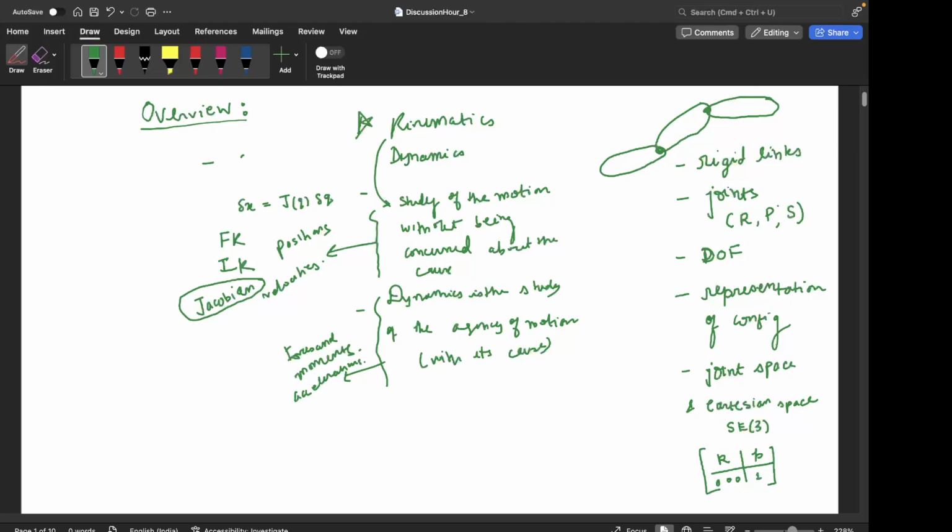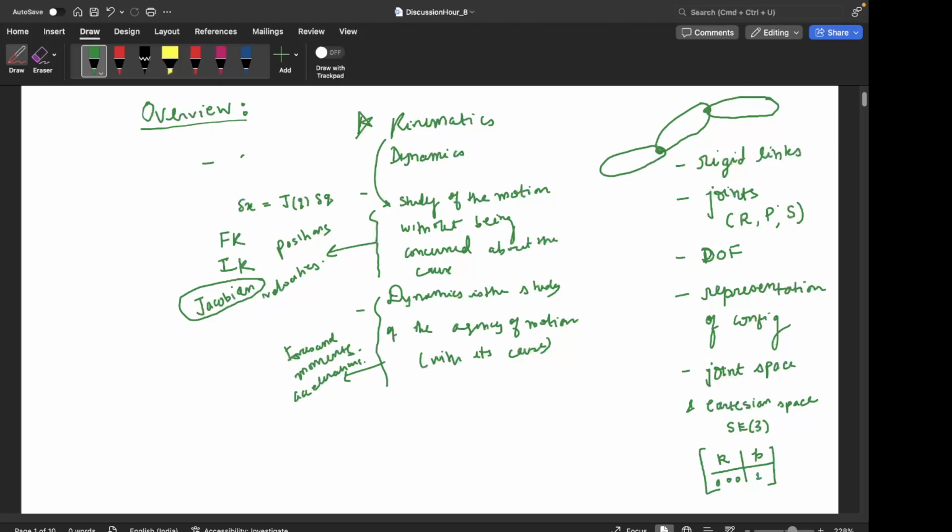And the Jacobian is a frame dependent quantity. So we saw that the Jacobian of the end effector has a different representation in the frame of the end effector and a different representation in the base frame, basically, right? We have to be careful that if I multiply del q, or change in joint angles, with the Jacobian expressed in the end effector frame, then the delta x that I will get will also be in the end effector frame.